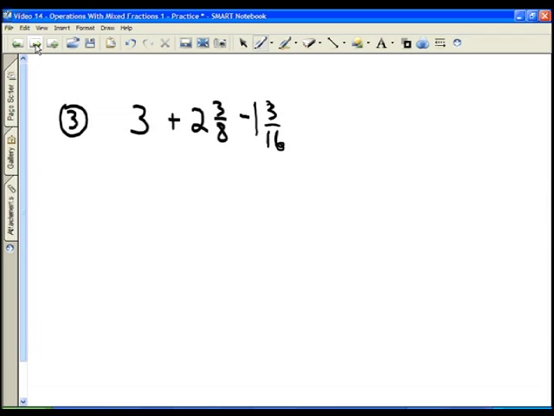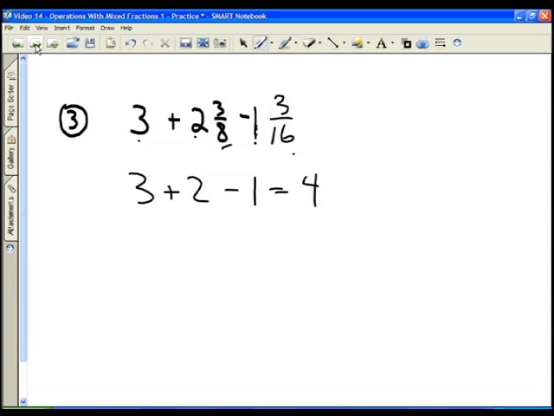Now, because I have 16ths and 8ths, and I've got these whole numbers, I'm going to do 3 plus 2 minus 1, and just deal with my whole numbers. 3 plus 2 is 5. 5 minus 1 is equal to 4.